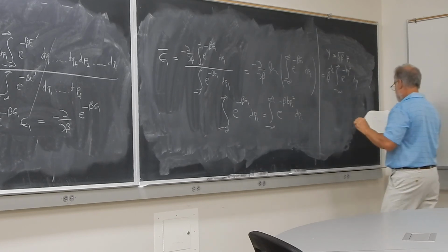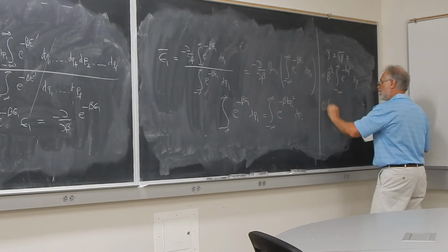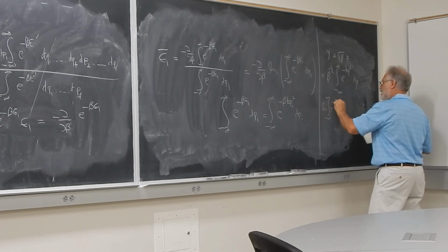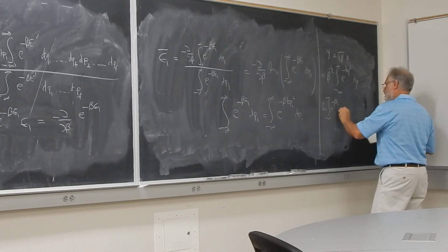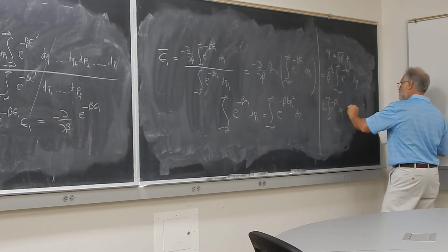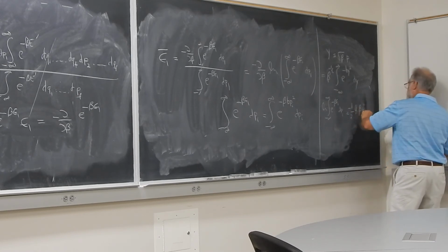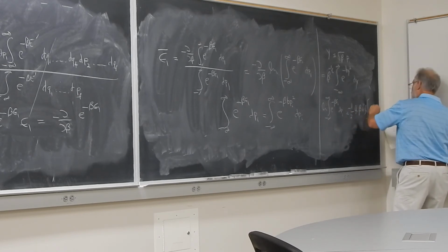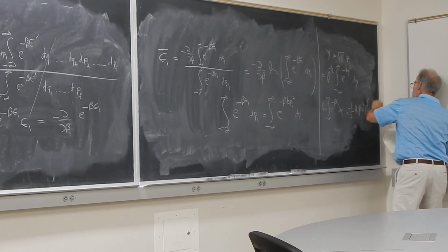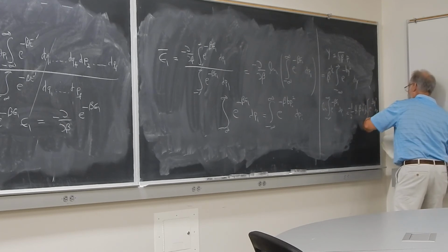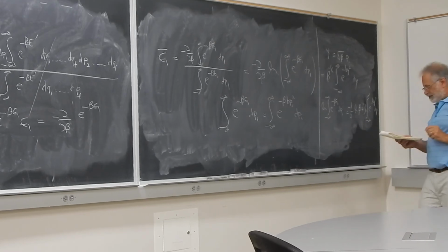Which says the log of the integral from minus infinity to infinity of e to the minus beta E1 dP1 is equal to minus 1/2 log beta plus the log of the integral of e to the minus b y squared dy from minus infinity to infinity.